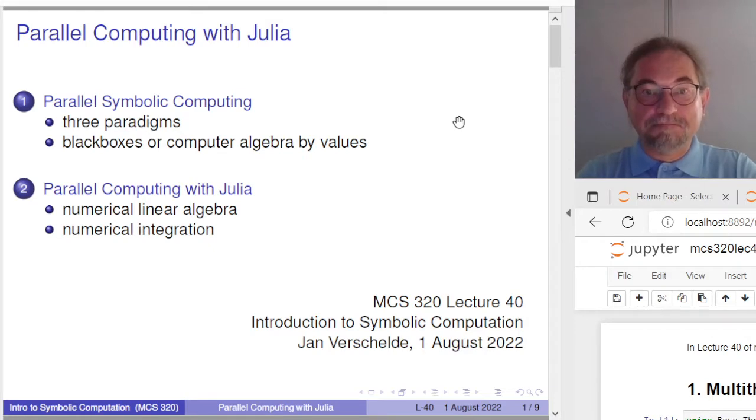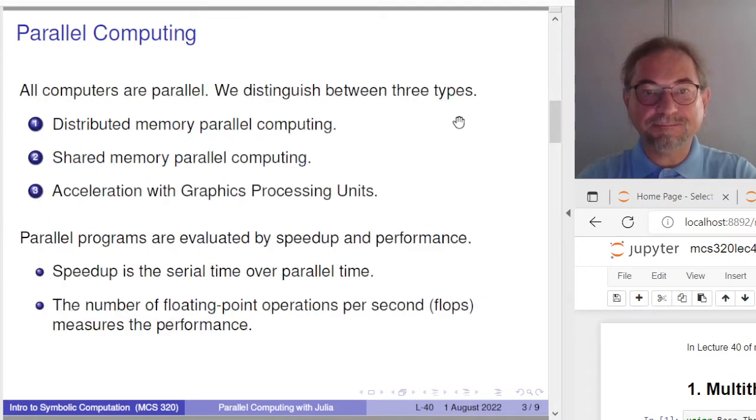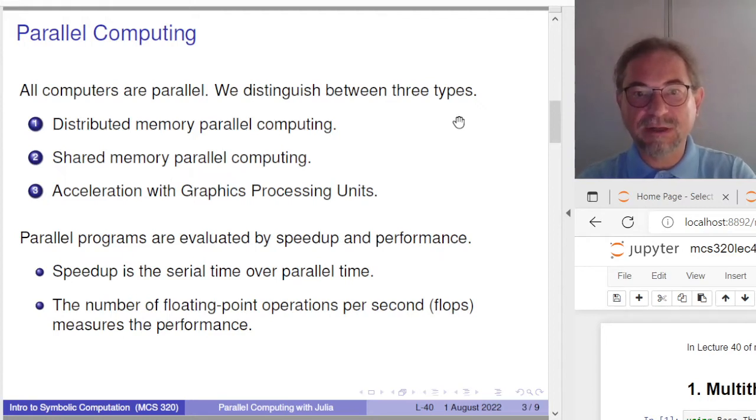So what is parallel computing? We have three types, roughly. Parallel computers can consist of multiple computers connected through an internet. That is called distributed memory parallel computing. This is not the kind of parallel computing that we consider in this lecture.